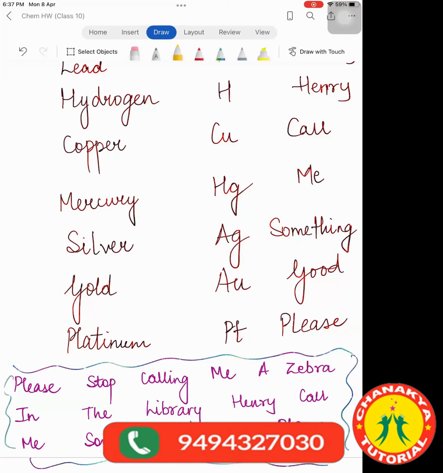Tell me which will be the most reactive element amongst all of these which I have just written. Potassium. What about the least reactive metal amongst these? Platinum.